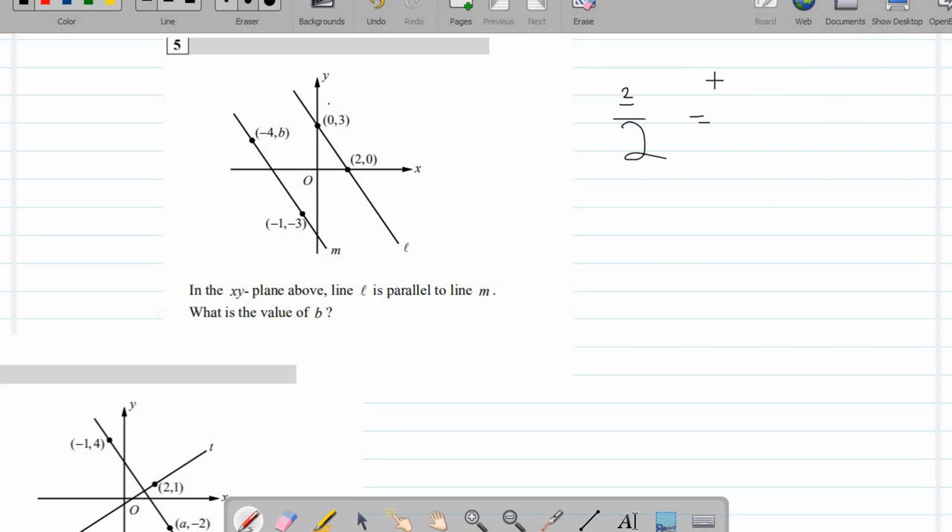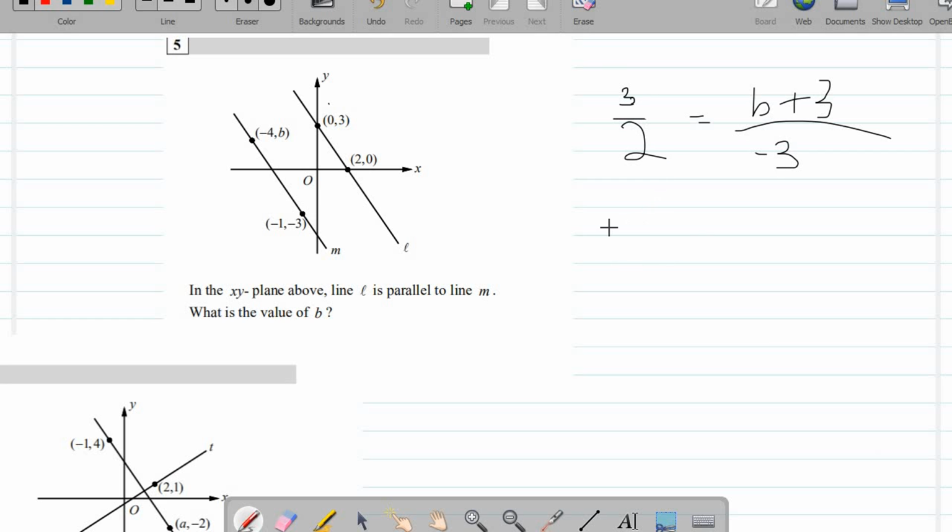Let's just use the same point. So b minus minus 3, so that's b plus 3, and over you have minus 4 minus minus 1. Minus 4 plus 1 is minus 3. So you have b plus 3 over minus 3. So crisscross that.